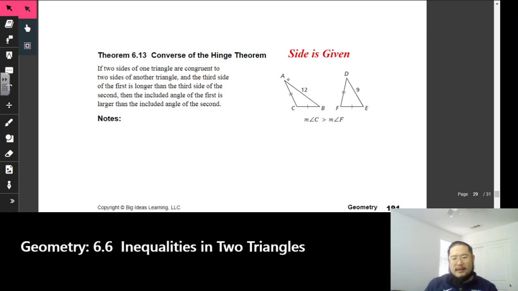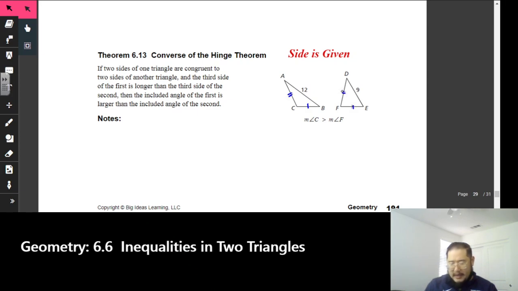Once again, we break things down. We have two sides of each triangle to be congruent. CB right here is congruent to FE, and AC is congruent to DF.